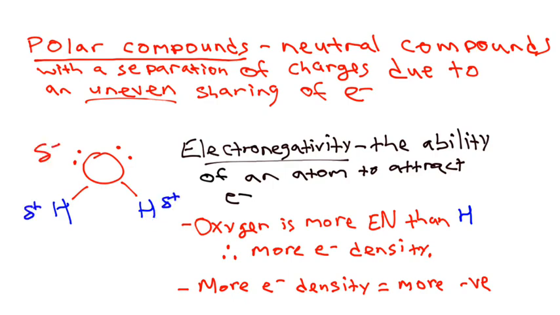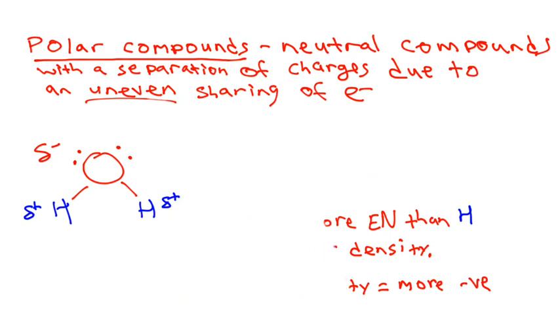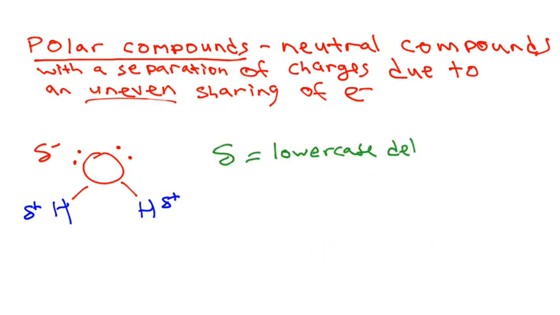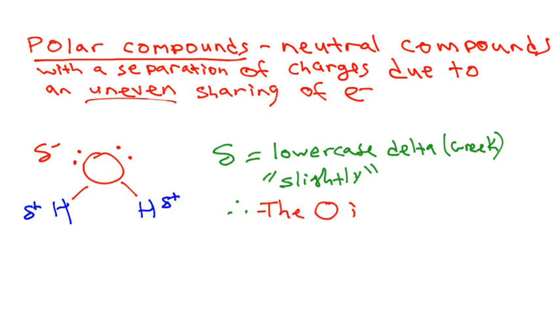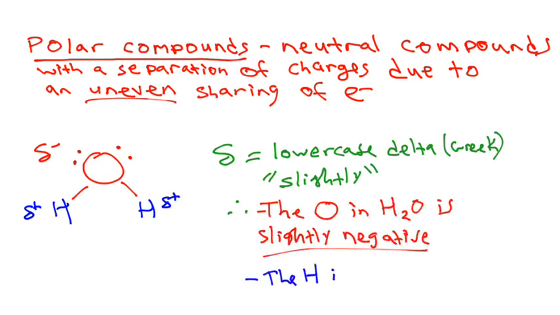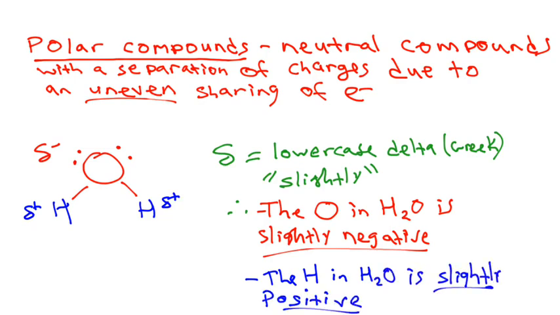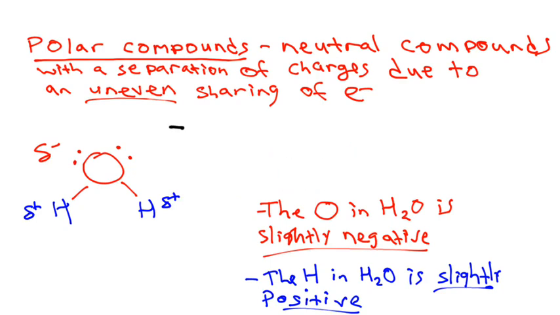So we get these symbols now. Little cursive looking S guys, right? So what are those? Well, that symbol is a lowercase delta. It means slightly. So oxygen is slightly negative, whereas hydrogen is slightly positive. Oh, now we're getting a separation of charges.